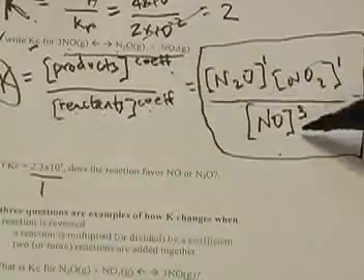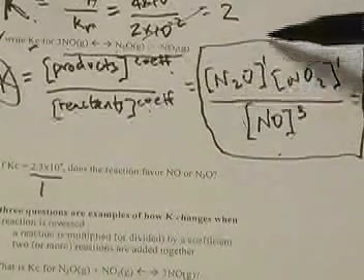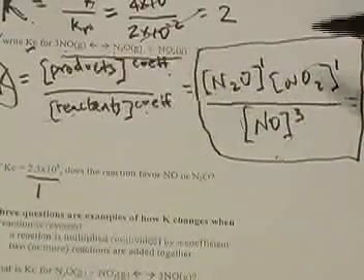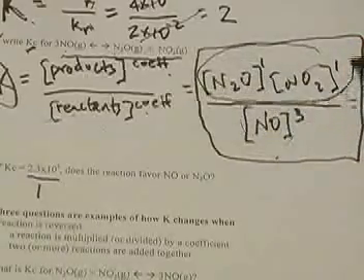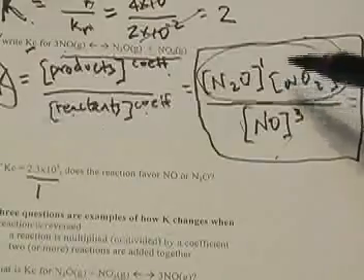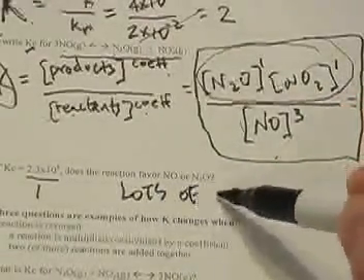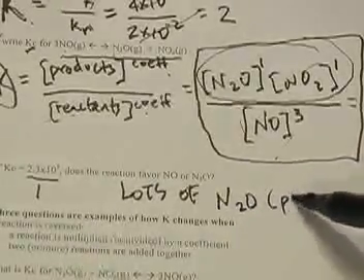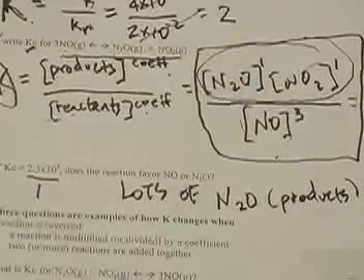That means 1 would be the NO down here, and the 2.3 times 10 to the 5th would be a big number up here. So what's favored? Well, the thing with the bigger number, of course. So that means N2O and NO2, or the products right here, would be favored, and there would be lots of N2O, or I could just say products, because the number is really, really big.